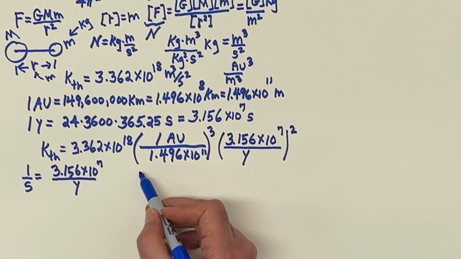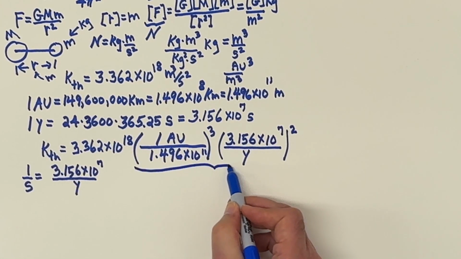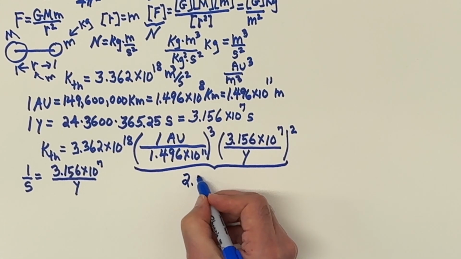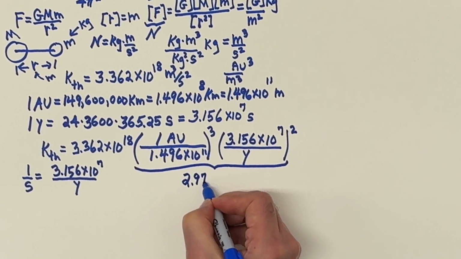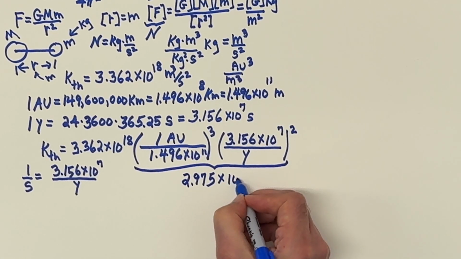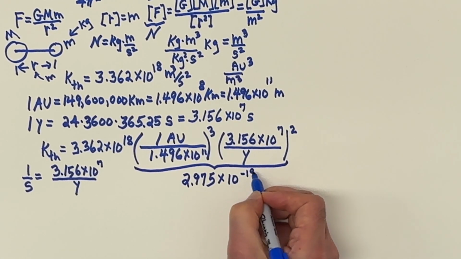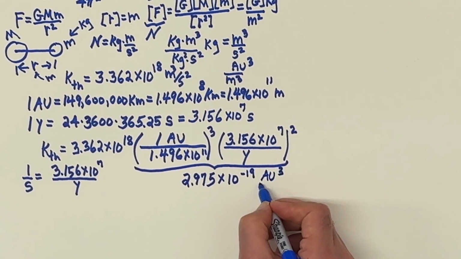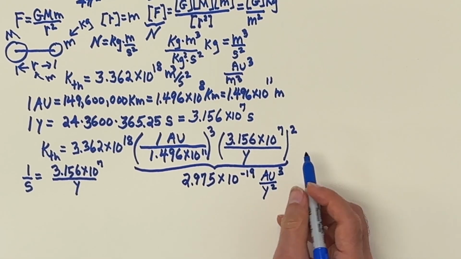So let's see what we got here. If we look at these two together and very carefully with a calculator work that out, you get 2.975. I encourage you to work these out. 10 to the minus 19th, and that's going to be AU cubed over year squared.